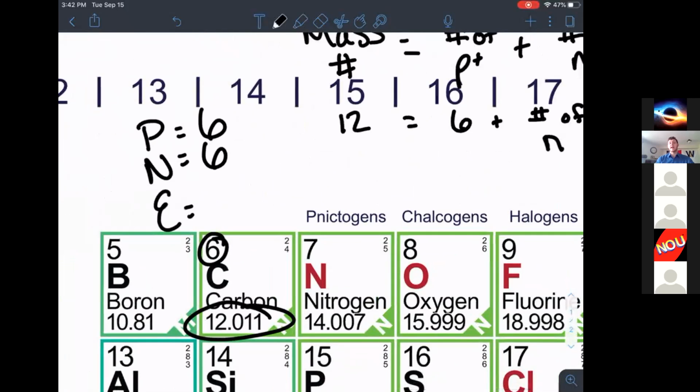And then how many electrons are we going to have for carbon? 6. Perfect, because right now, for this worksheet, we want all of our protons and electrons to cancel out. We don't want a charge. So these two for this worksheet should be the same.